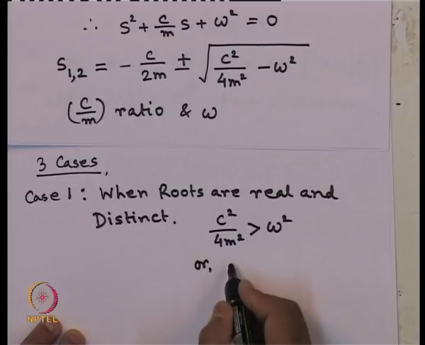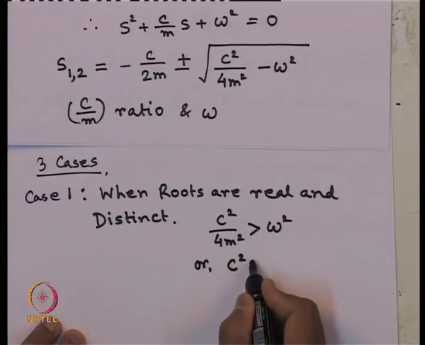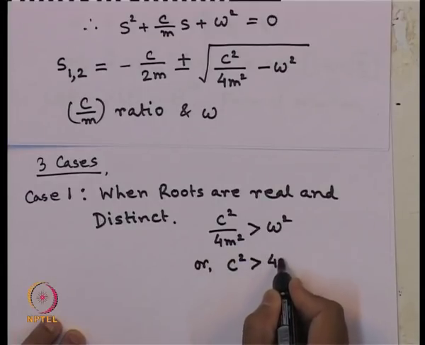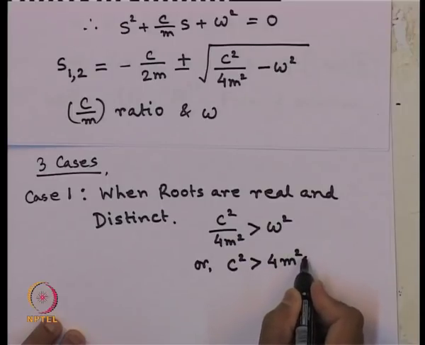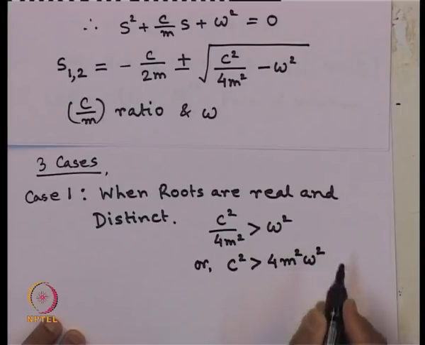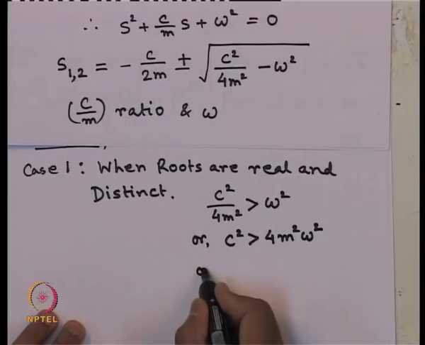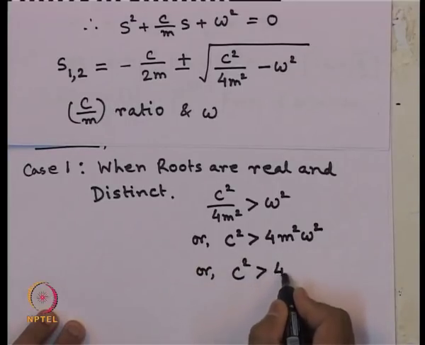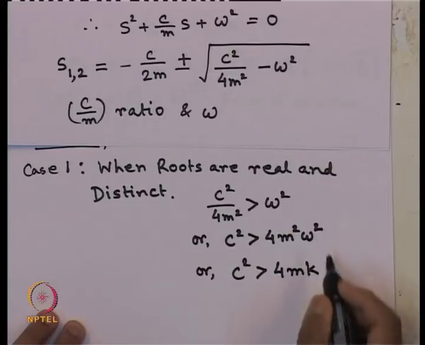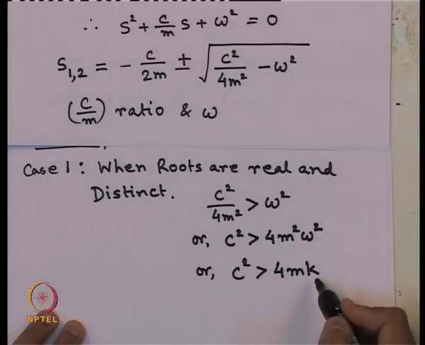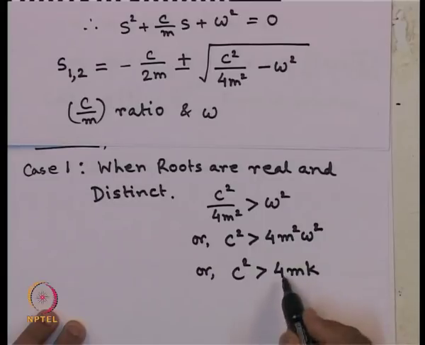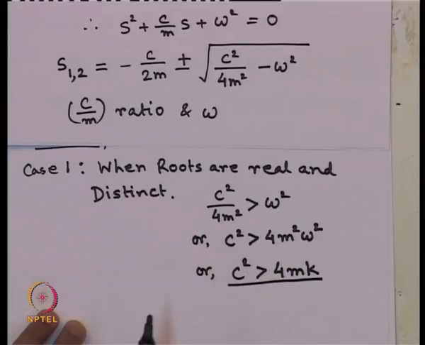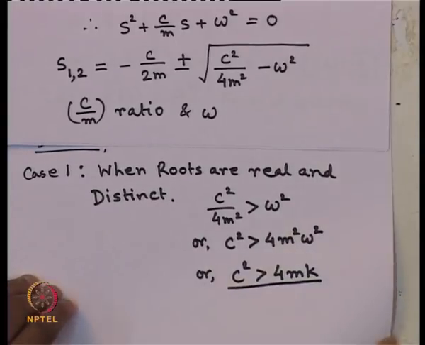or in other words we can write c square should be greater than 4 m square omega square, or c square should be greater than 4 m k, because omega square is k by m. So, if we put k by m, m gets cancelled, it should be the condition for roots to be real and distinct.